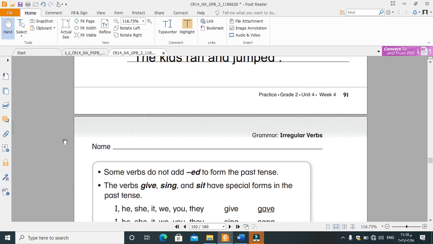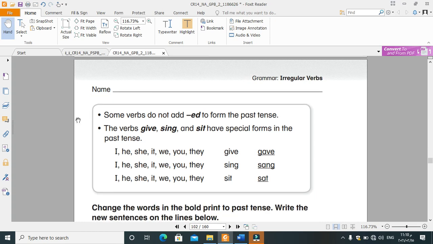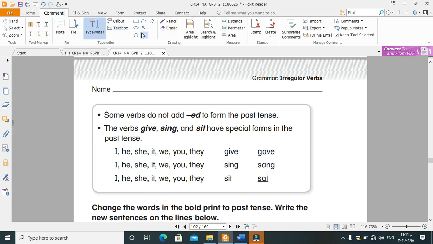Go to page 92 now. More irregular verbs. We have three more verbs: give, sing, and sit. This is give, and this is sing, and this is sit. How do you change give in the past? Yes, it will be gave.